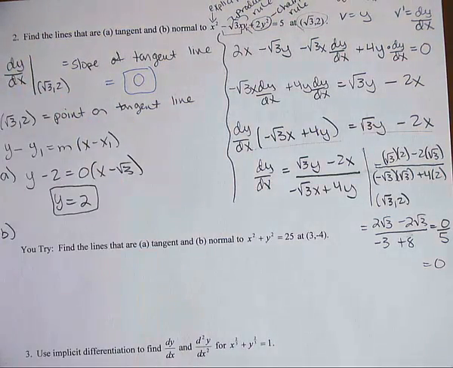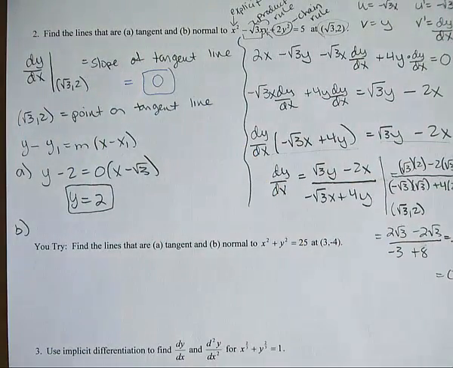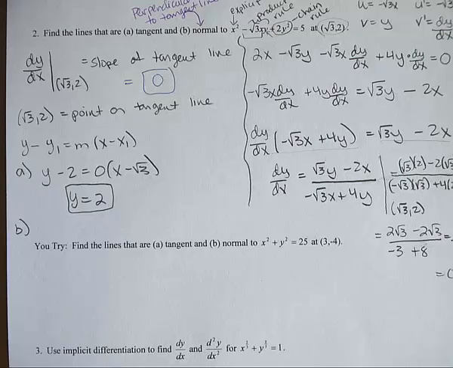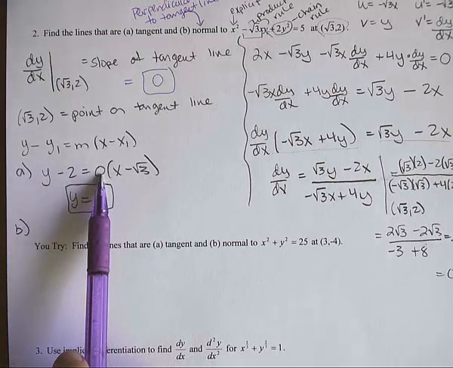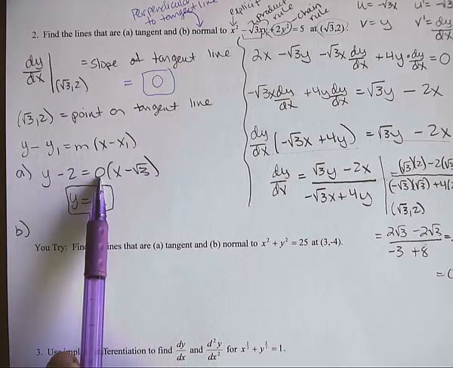Then for my answer to part B, I'm supposed to find the equation of the normal line. And if you recall, the normal line is perpendicular to the tangent line. So that means the slope is going to be the negative reciprocal. The only issue is that when you take the reciprocal of 0, you end up with infinity, or something that's undefined.